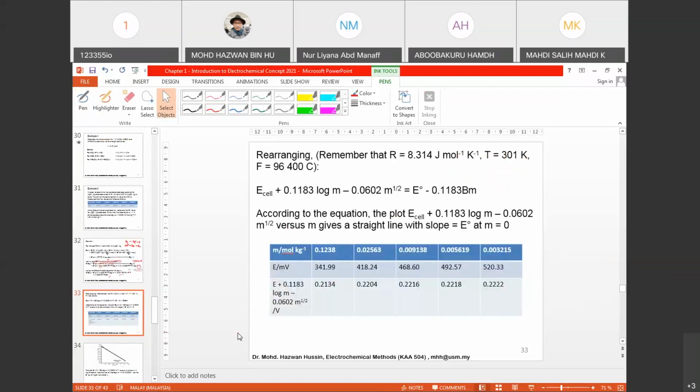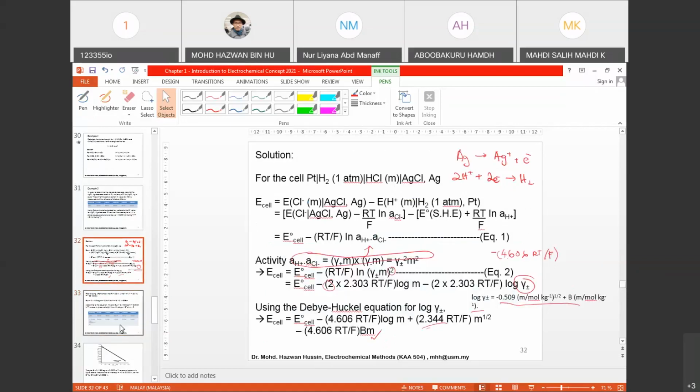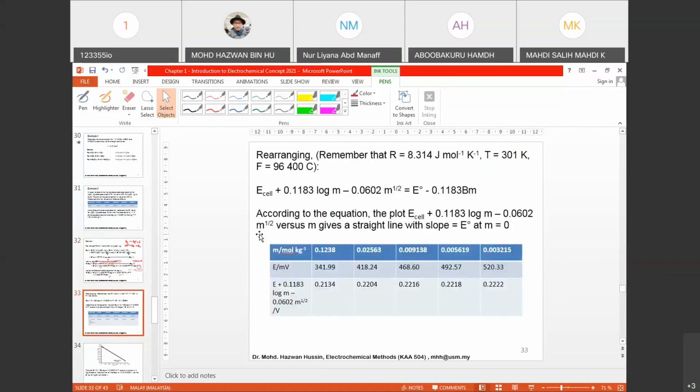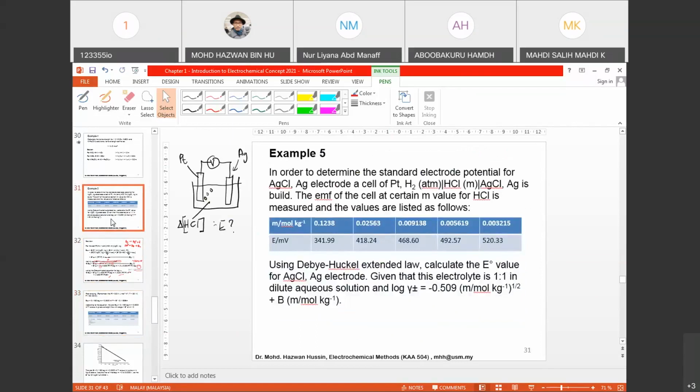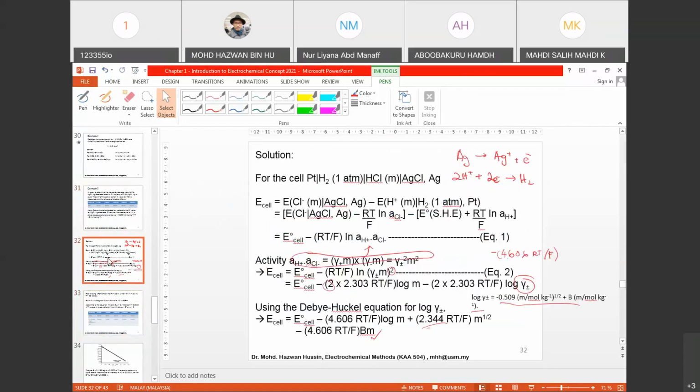After that, we can rearrange the values. Remember that the value of the gas constant used here is R equals 8.314 joule per mole per Kelvin, and the temperature equals 301. What's the temperature over here? Is it mentioned?